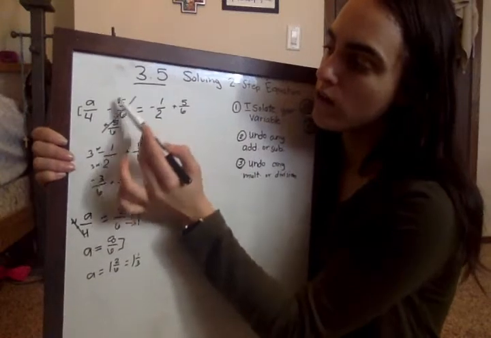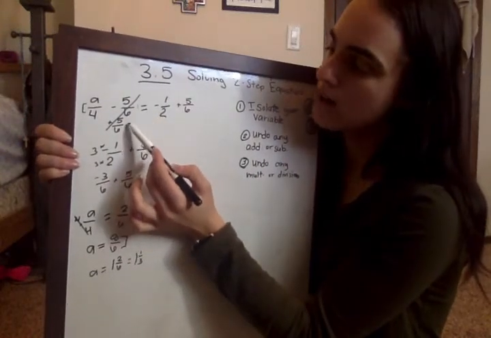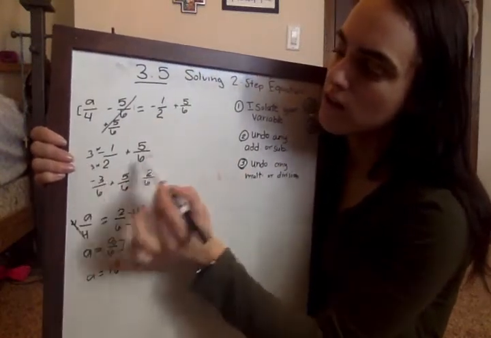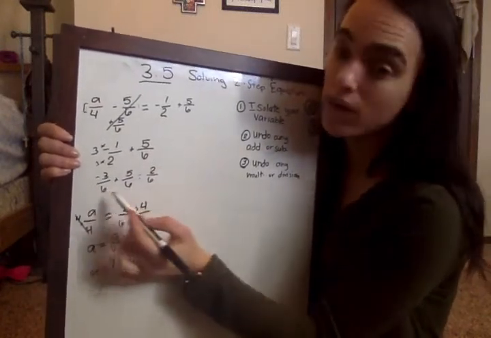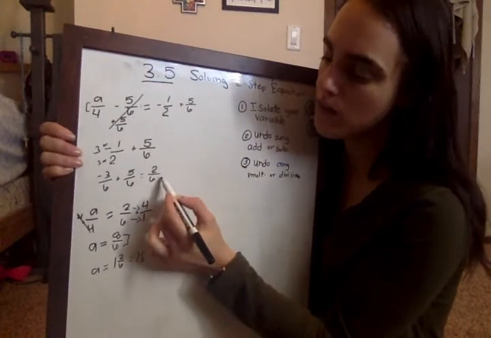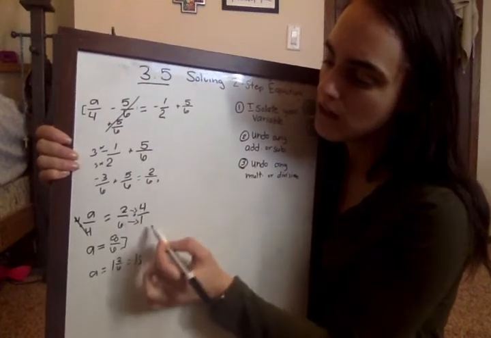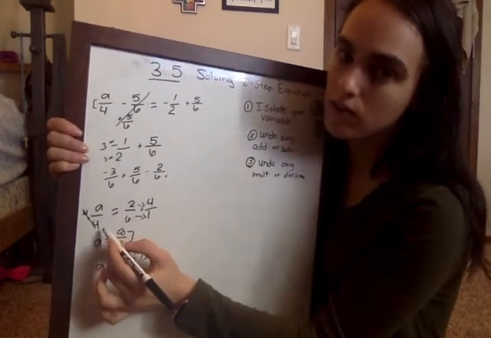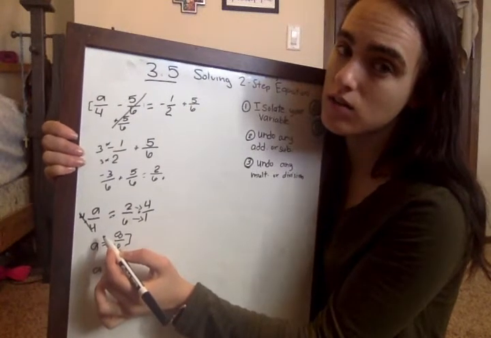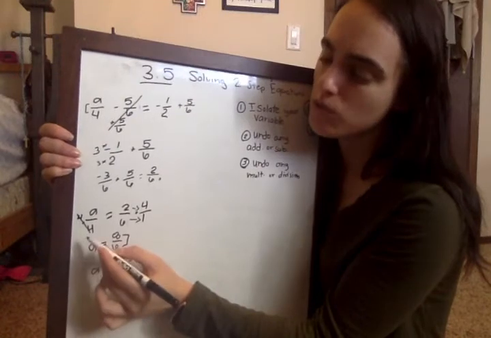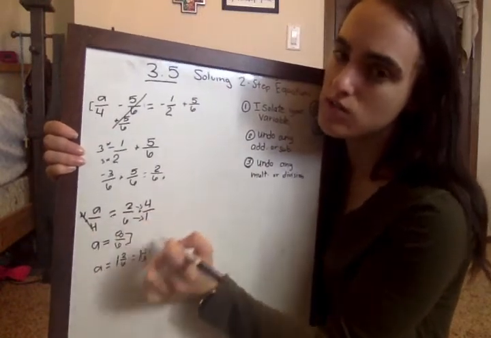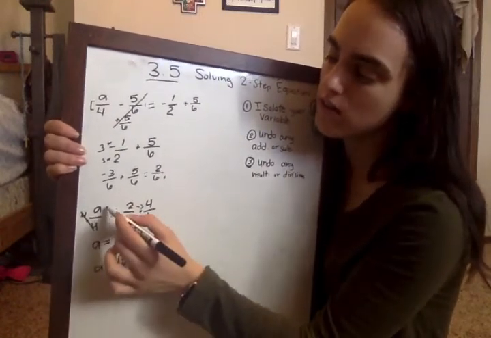We recognized that we were subtracting 5/6, so we added, and then we did what we have to do to add fractions. We got common denominators, and then you just add your numerators, keeping your common denominator. We plugged that back in, and then we recognized that we were dividing our variable by 4. Opposite of division is multiplication, so we multiplied by 4 to undo it and to get our variable by itself.